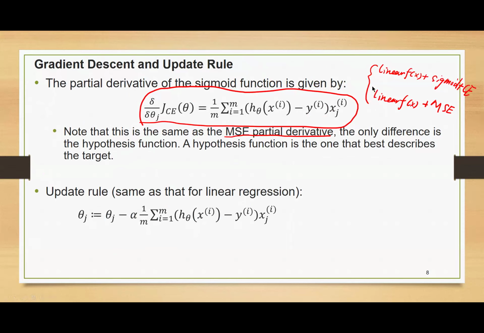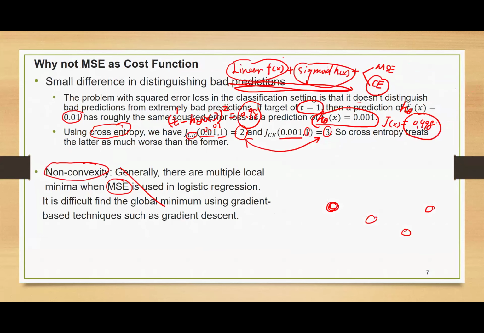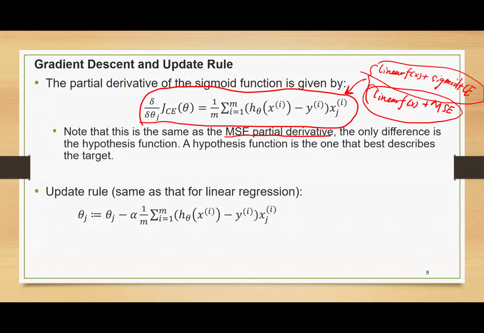Okay, and then the gradient of these two functions, this and this, are the same. They have the same gradient formula. And if you are interested in the gradient of this one, let me write it again.